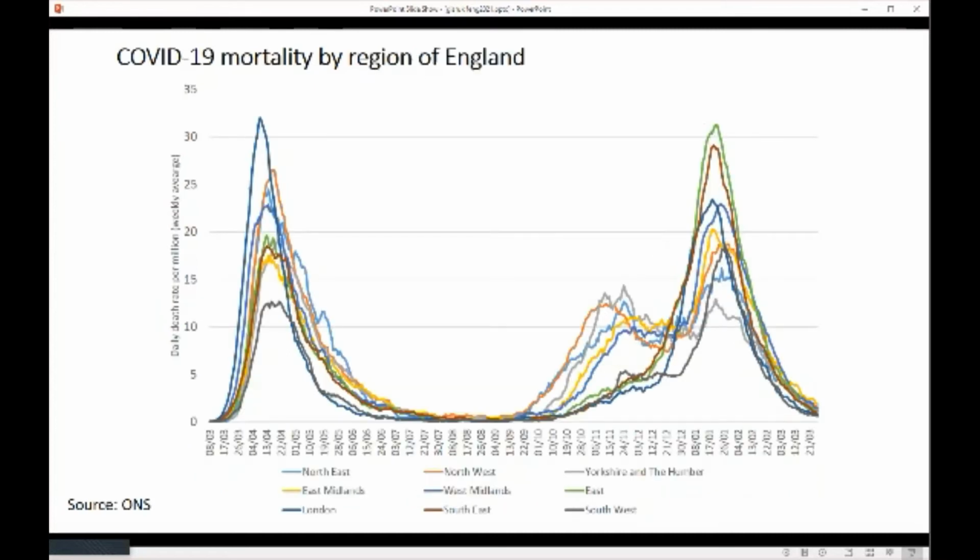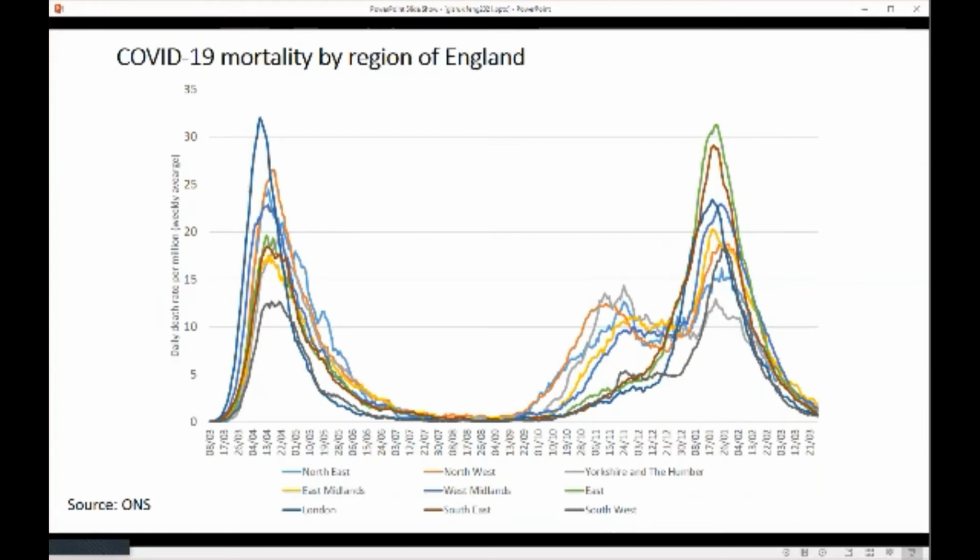This graph shows the mortality rate by region of England. Again, we can clearly see the dynamic waves, and also quite significant variation across regions.